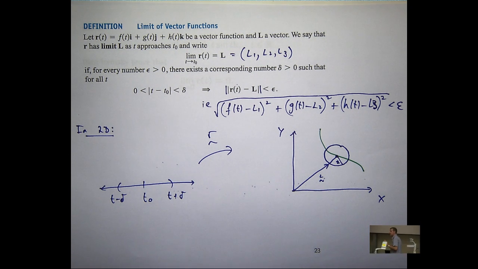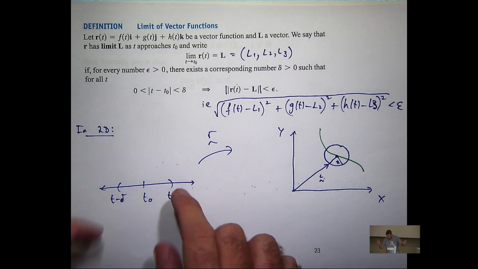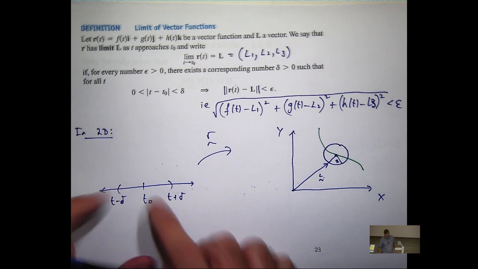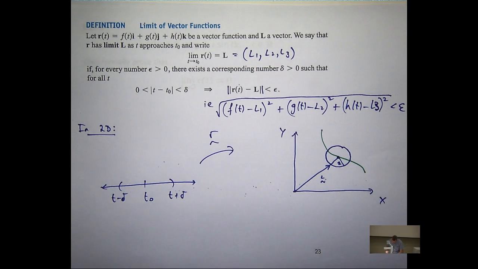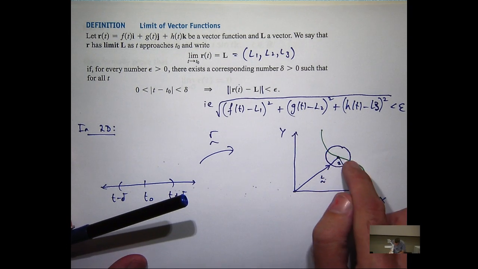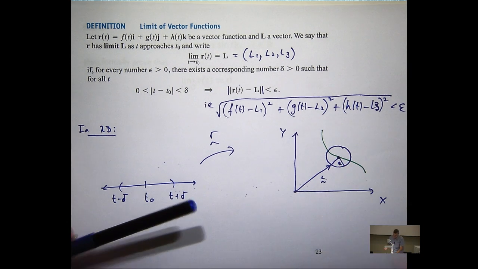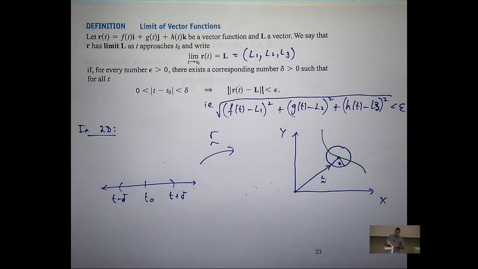Let me say that again. If I draw the circle on the right-hand side, then I can always find an interval or construct an interval centered about this t0 such that the curve will always lie within the circle I've drawn. And that works for every circle.